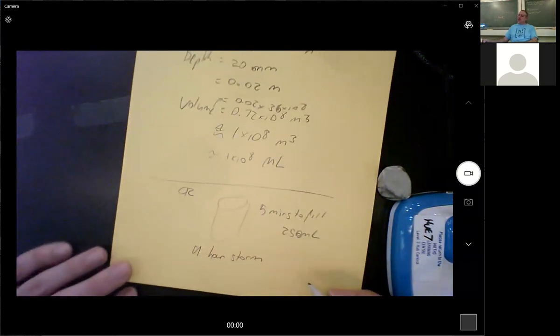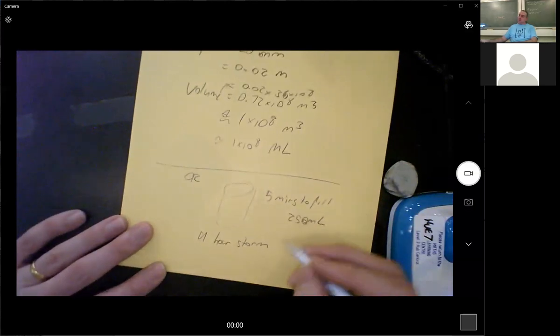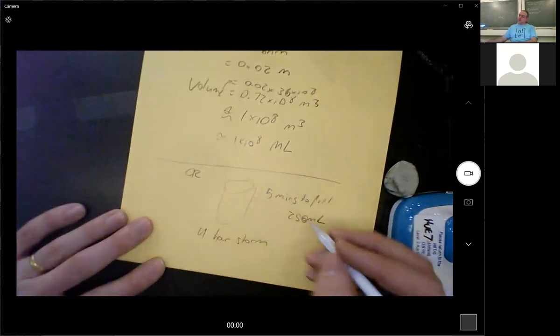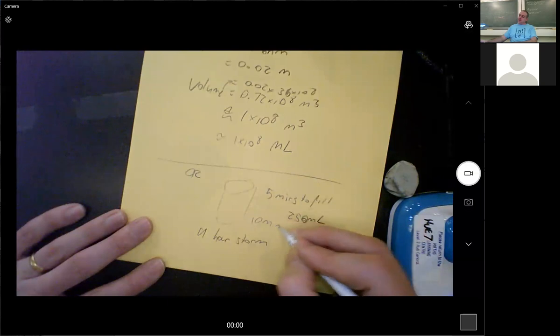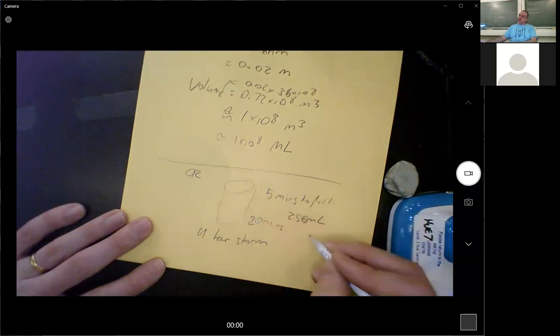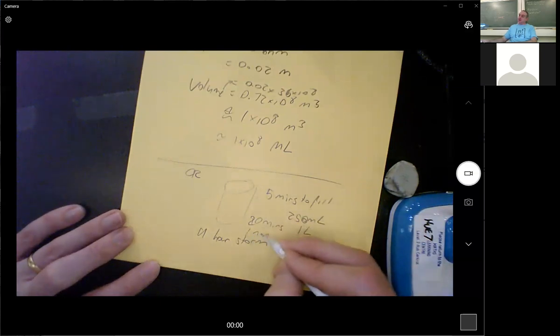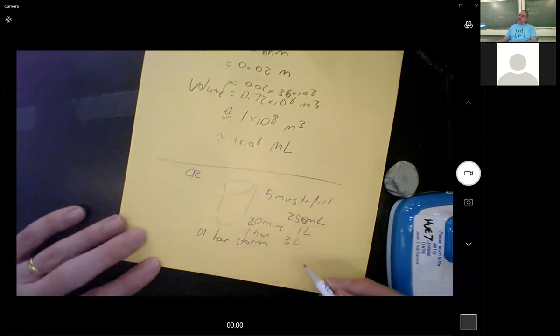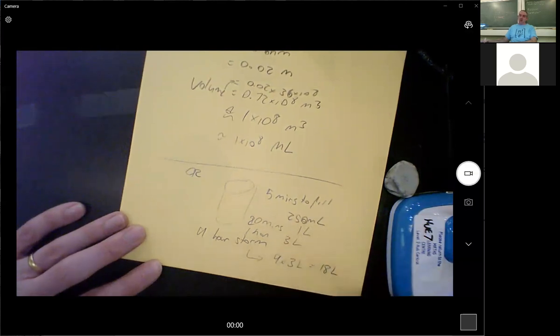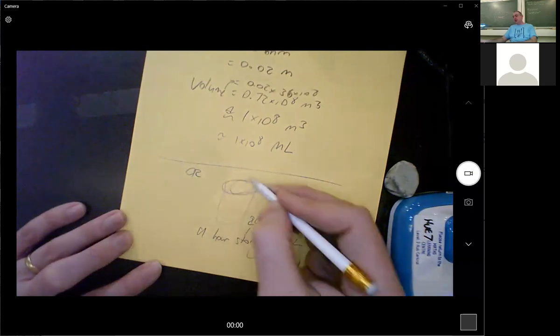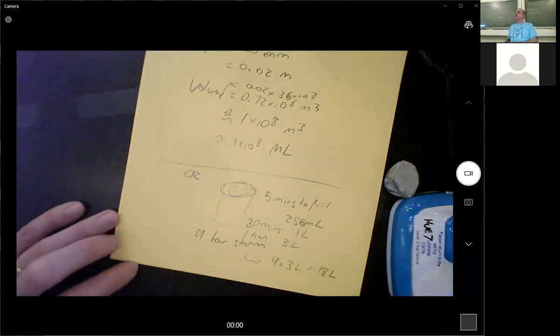And so in a 9-hour storm: 5 minutes for 250 milliliters, 10 minutes, 20 minutes would be an entire liter. So 1 hour would be 3 liters, and a 9-hour storm would produce 9 times 3 liters, which is 18 liters of water in the area that my cup takes up.